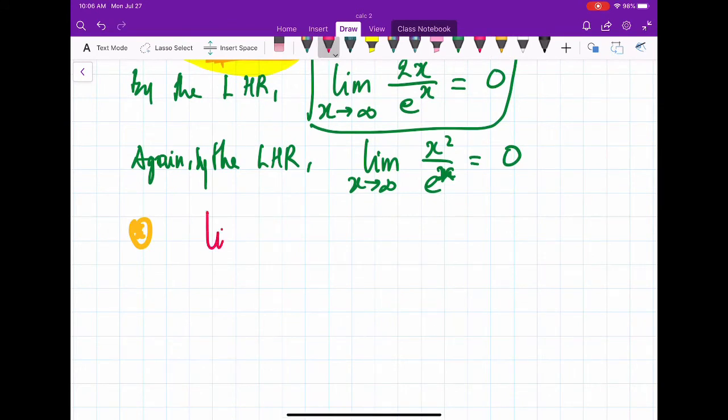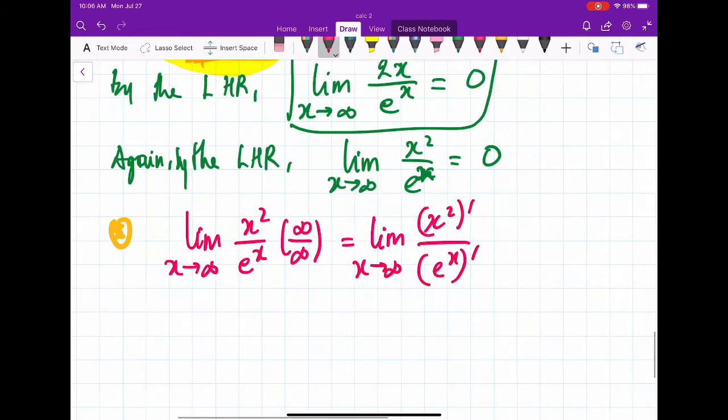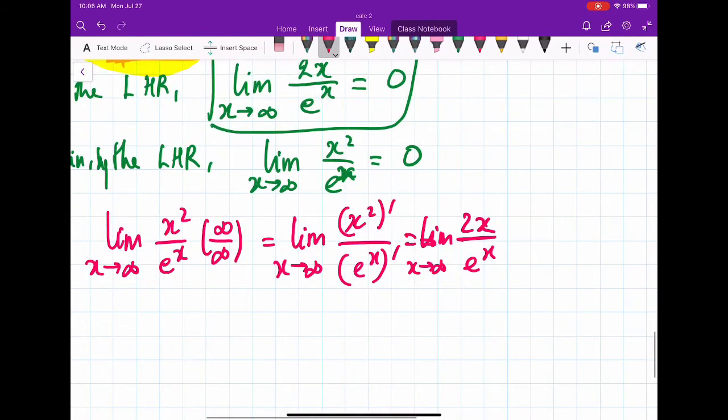They have the limit of x squared over e^x, x goes to infinity. This is infinity over infinity, equal to the limit of x squared derivative over e^x derivative, x to infinity, and this is equal to the limit of 2x over e to the x, x to infinity, and you still see the form infinity over infinity.